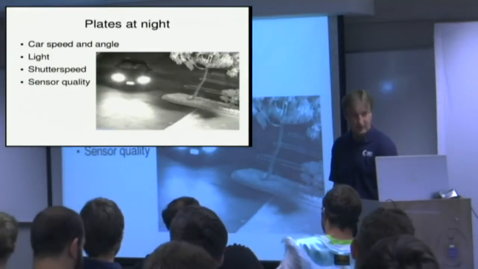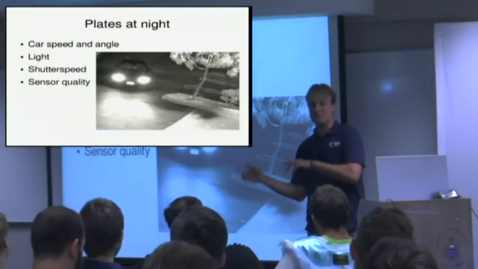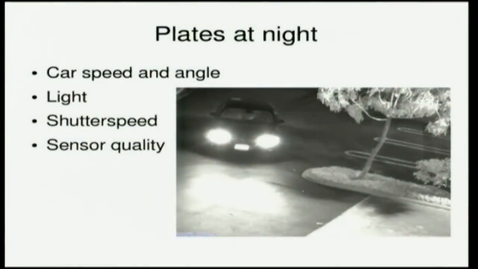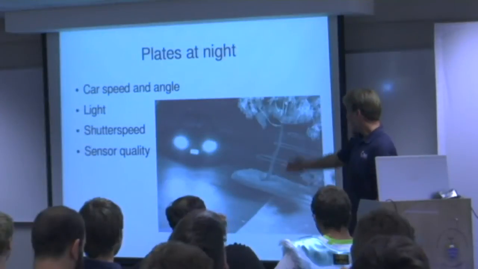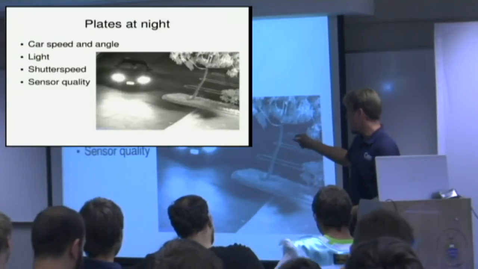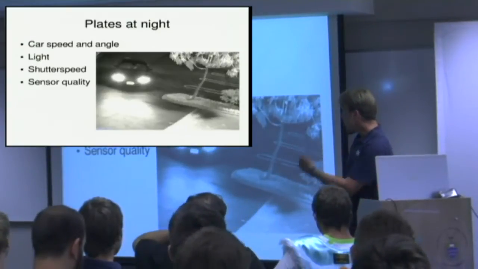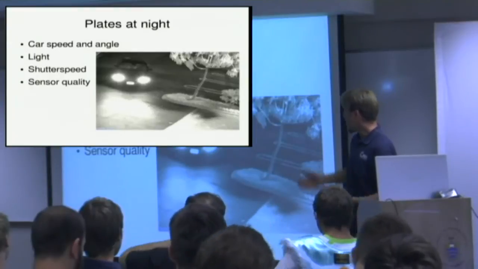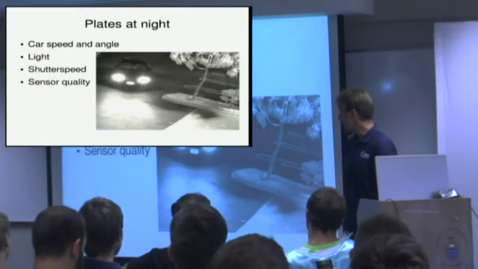Okay, so before we get to the algorithm part, getting good images is the very first thing. If you've got crappy images, you are never going to recognize it. That is clearly not recognizable, and that is the typical thing that happens when your shutter speed is not short enough, and you've got this back reflective number plate.